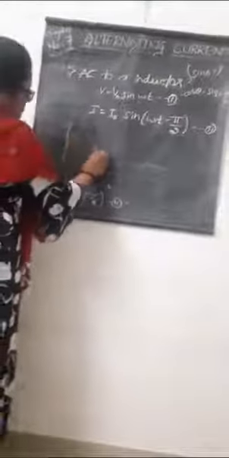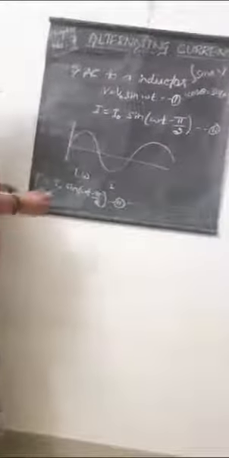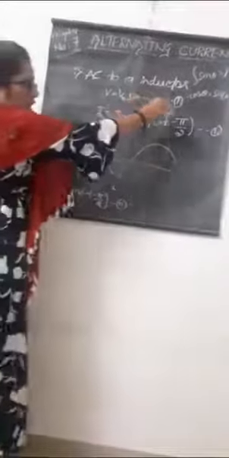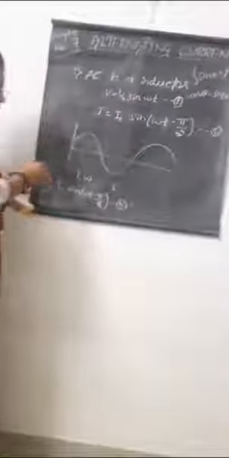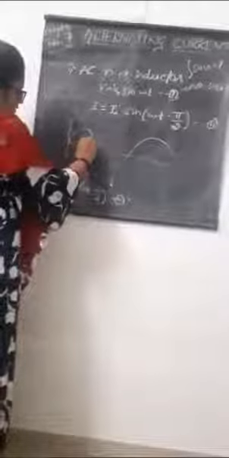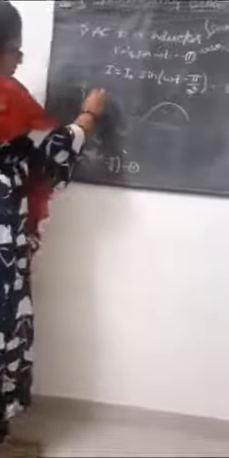So can I show them like this? Means V is as it is. So when V is at 0, I is at pi by 2, means lower, minus. So it goes like this. It goes like this. Means like this it comes.